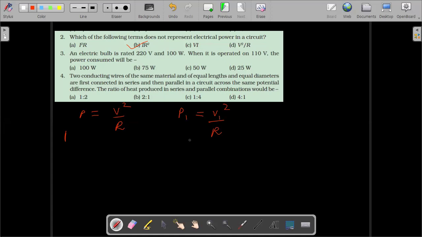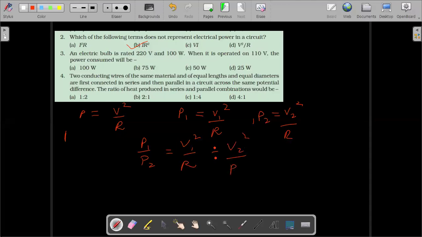Then the final power P2 is equal to V2 squared over R. If I divide both the powers, I'll get P1 divided by P2 equal to V1 squared over R divided by V2 squared over R.